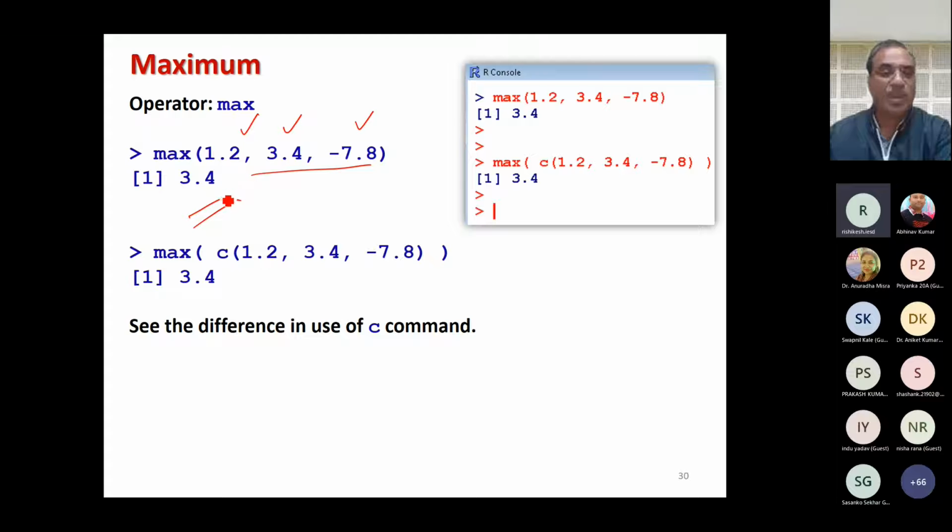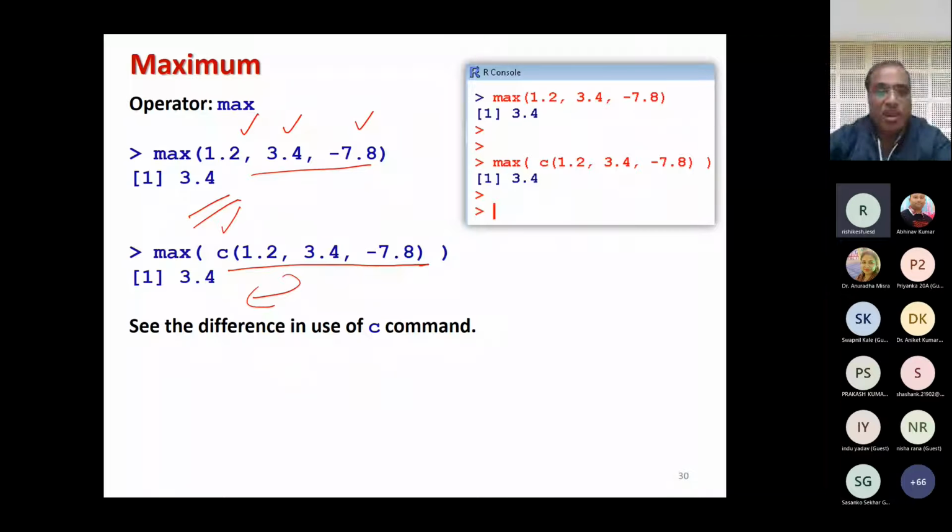In this case, you have not used the c command, right? But if you use the c command, it is also going to give you the value 3.4. So the first question comes here.